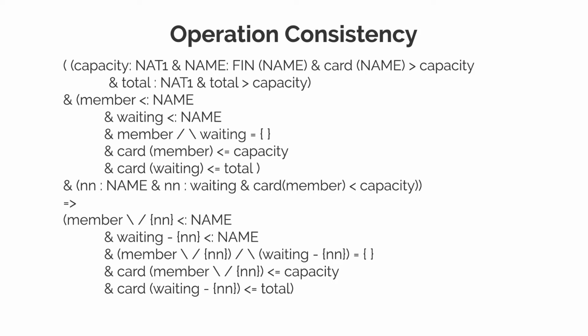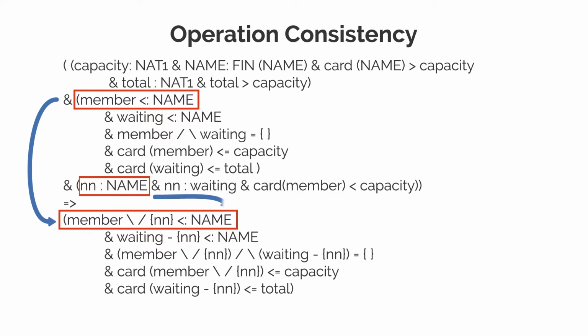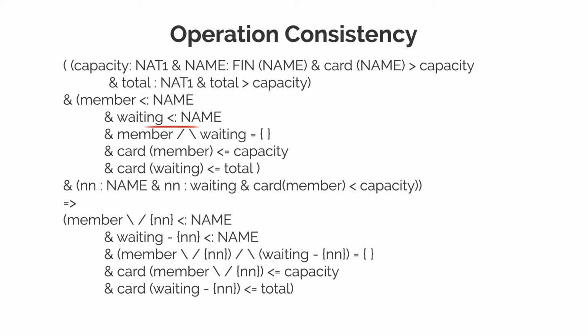First, we know in the left-hand side that member is a subset of name, and that NN is a name. Then we have, of course, that the union of member with the set that contains NN is a subset of name. Next, we have in the left-hand side that weighting is a subset of name.